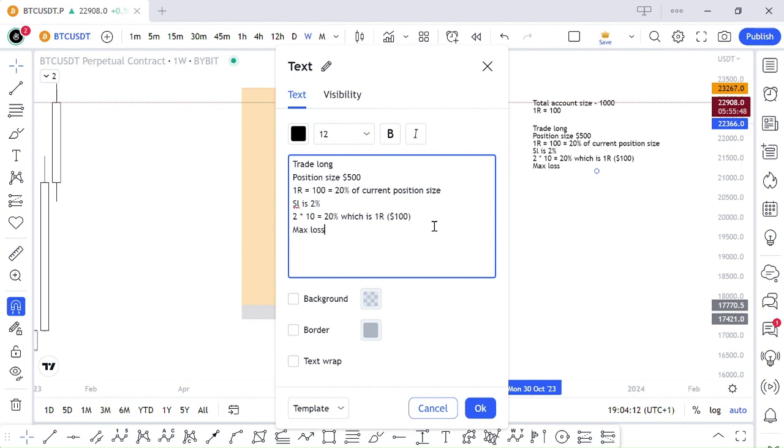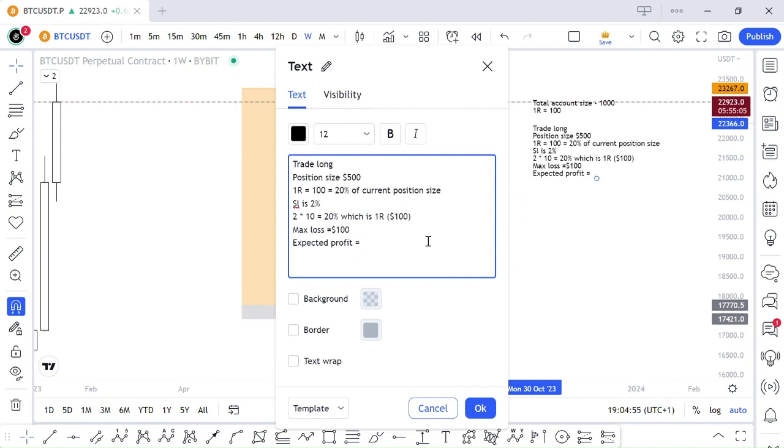Max loss $100, max profit, or I'll say expected profit, $500 times 300%, which will come out to around 3 times.